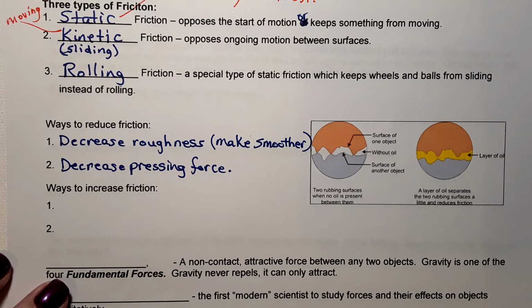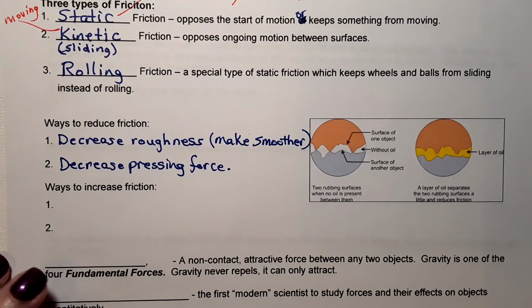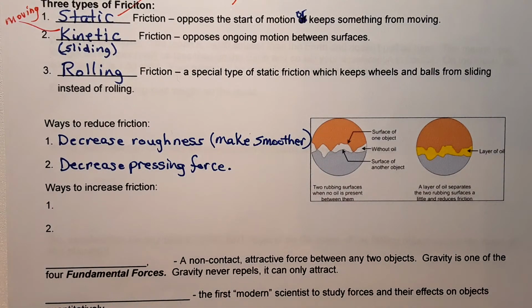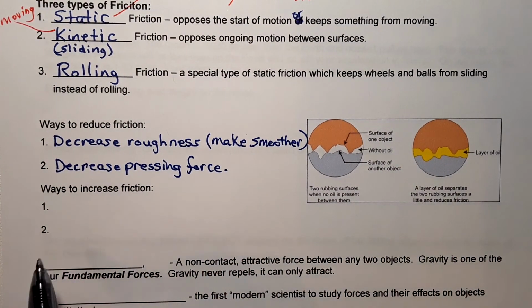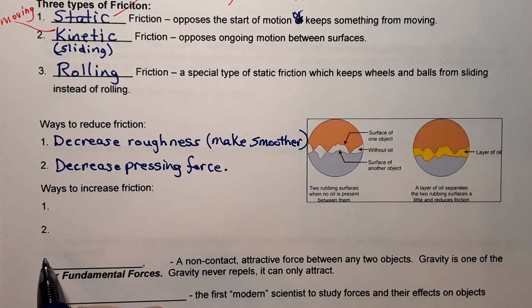For example, if you're trying to move a big box of books but you can't push it because it's so heavy, then what you can do is take part of the books out of the box and move them in two goes instead of just one. So you can decrease the pressing force between the surfaces.